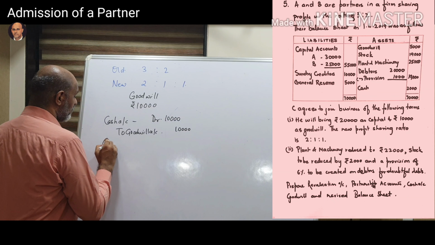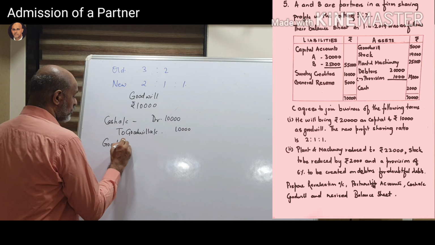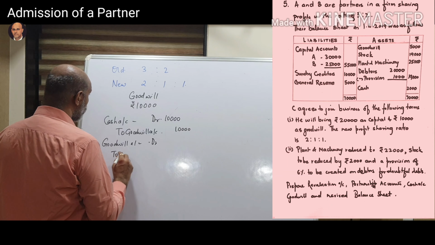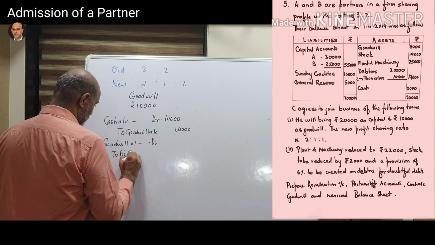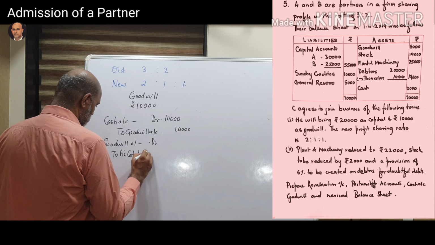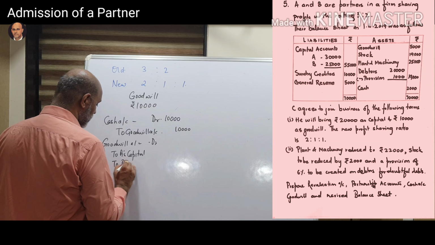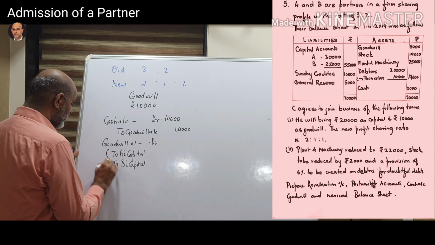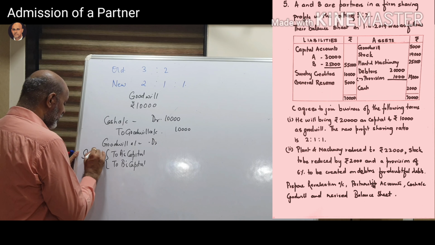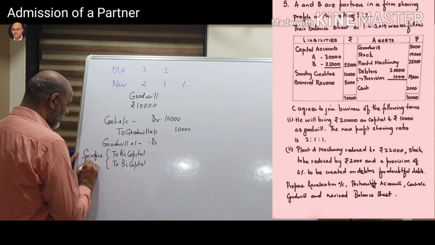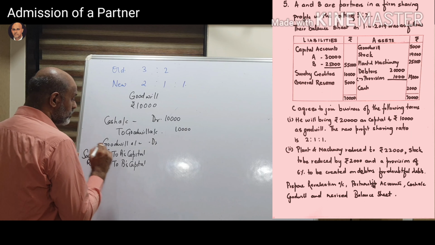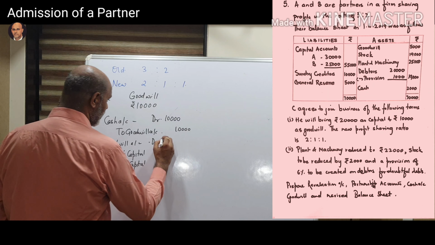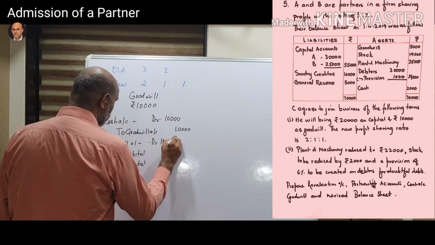Now this goodwill will be transferred to the partner's capital account, goodwill account debit to A's capital to B's capital. Now this has to be done in the sacrifice ratio. Which ratio? This has to be done in the sacrifice ratio. Fine. So it is necessary that we find the sacrifice ratio. Goodwill amount will remain as 10,000 only.